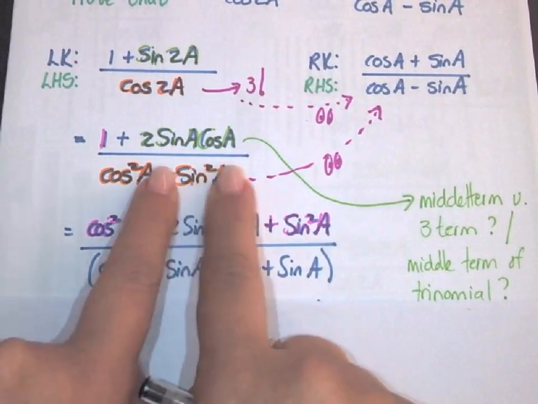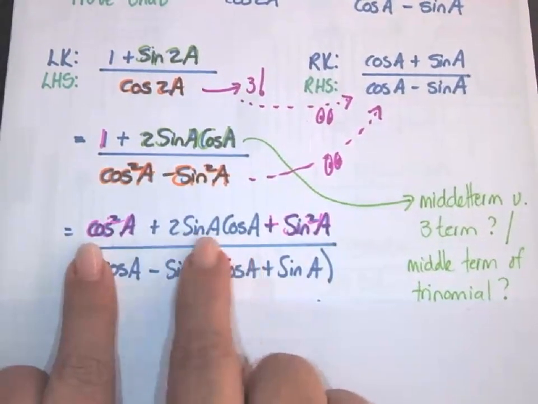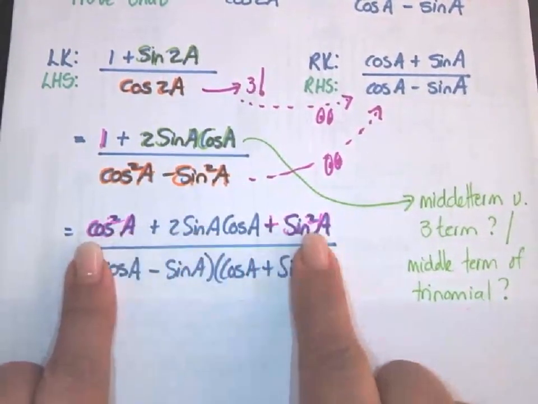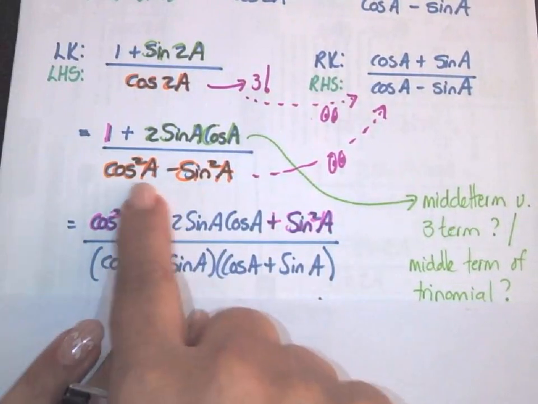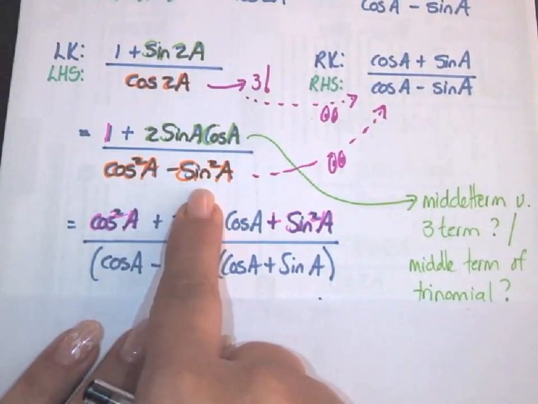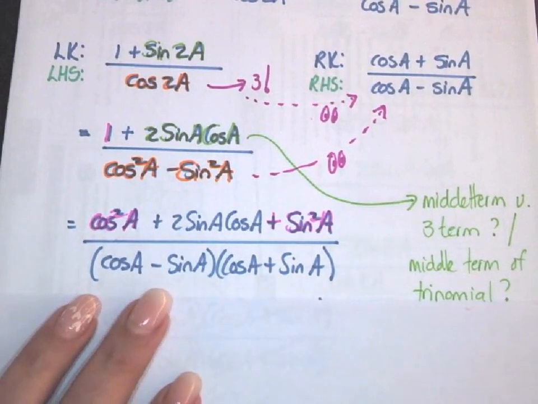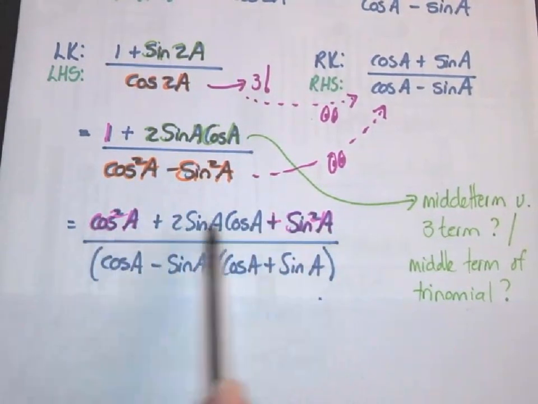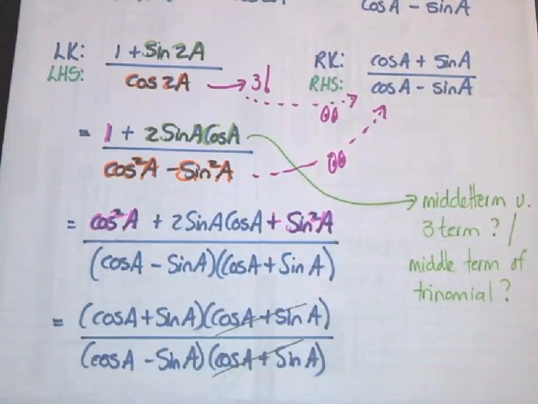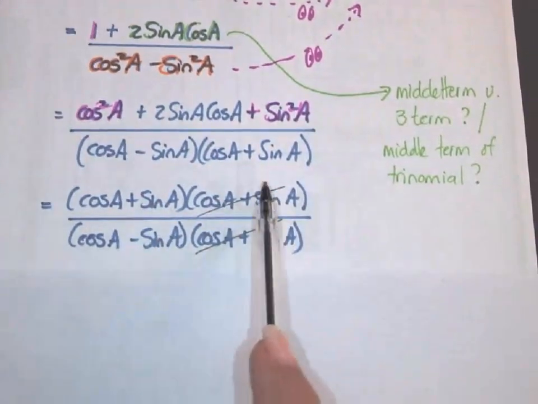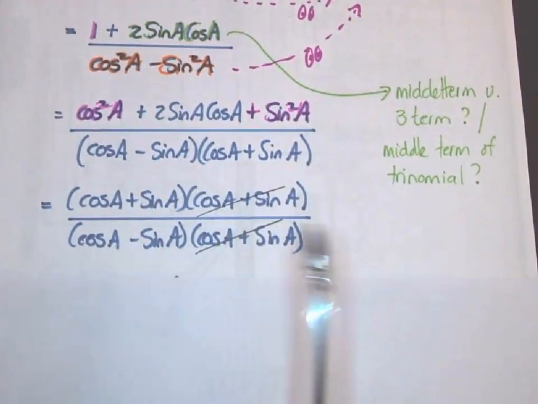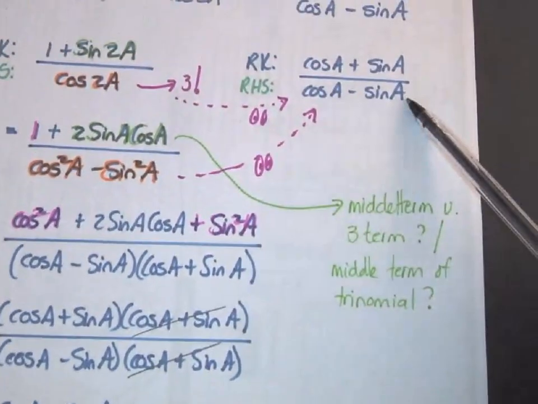So I just split it so that the middle term is in the middle. Now I have a trinomial. The bottom part is a difference of squares. Two brackets, one with a plus, one with a minus. Then you factorize the trinomial. These two brackets can cancel out and you get your right-hand side.